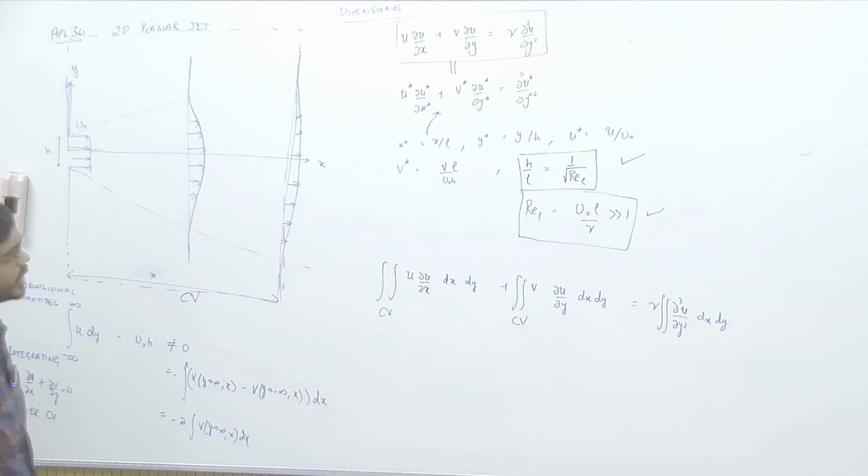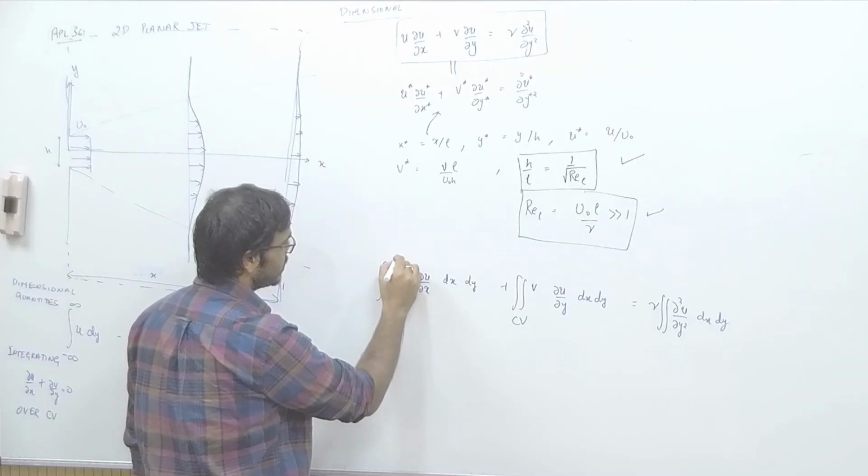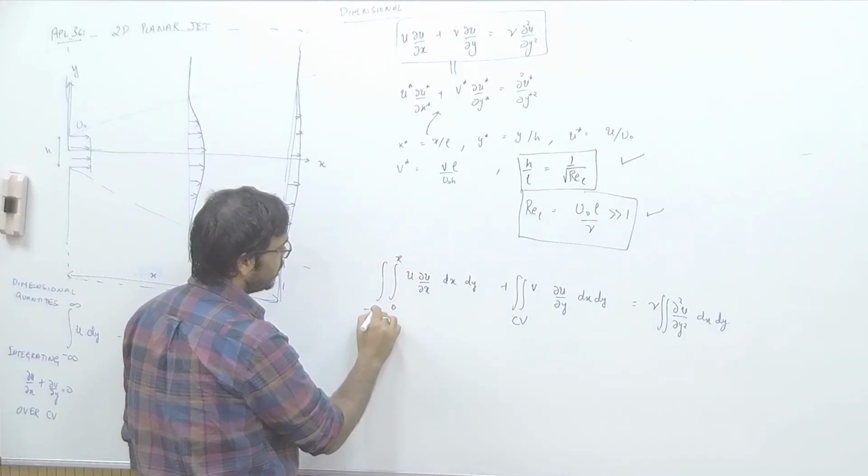Okay, so essentially the limits of the control volume in x look like, let's say, this, and in y they look something like this.